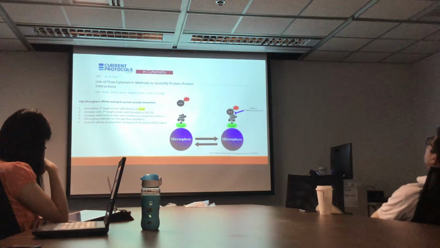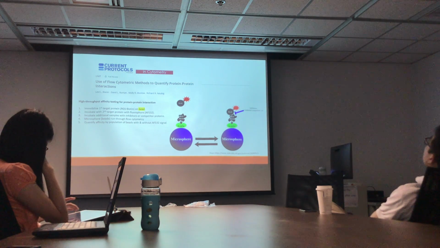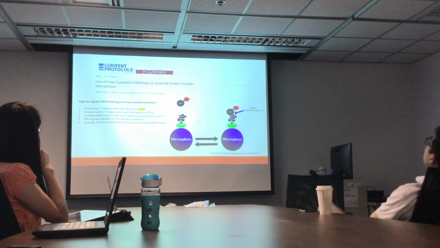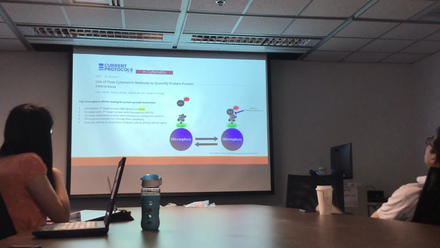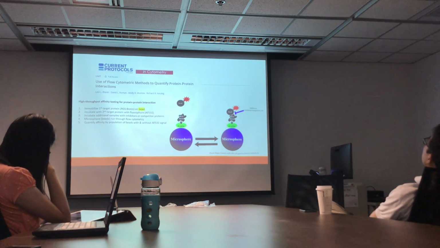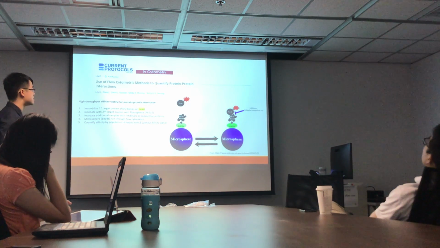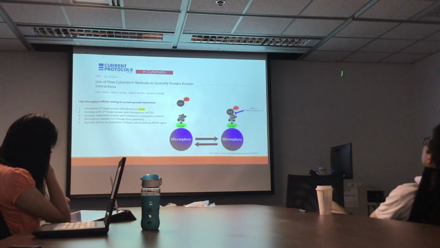This is the part I mentioned that is related to our research project in our lab. It's from a paper that I read in Current Protocols in Cytometry. It basically used flow cytometric methods to quantify protein-protein interactions. I've summarized what they did to set up the flow cytometry experiment.